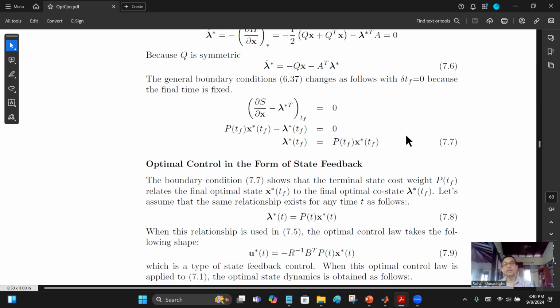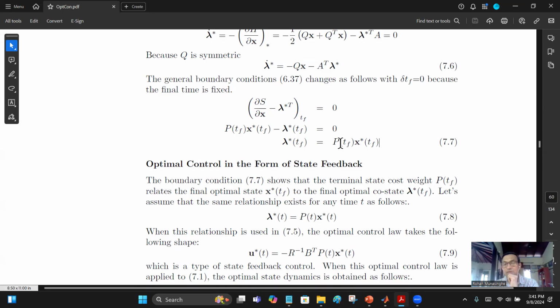So what does that mean? At the endpoint, the Lagrange multiplier is calculated this way. You have your final state, zero or otherwise, whatever it is, take that value and multiply with the PTF.